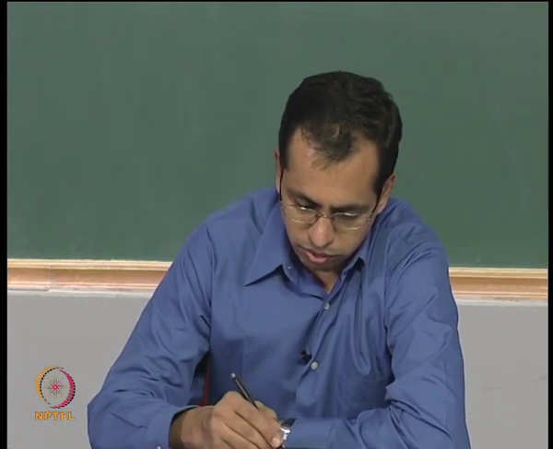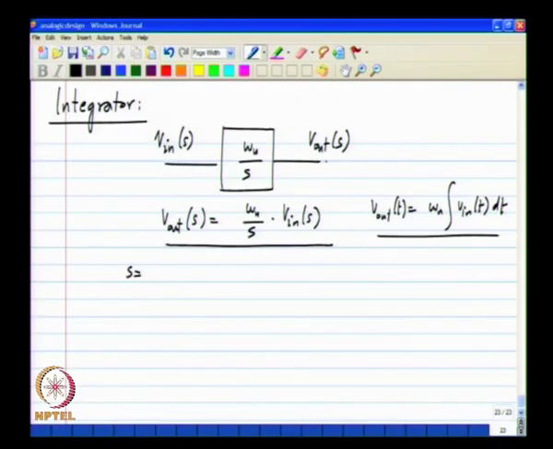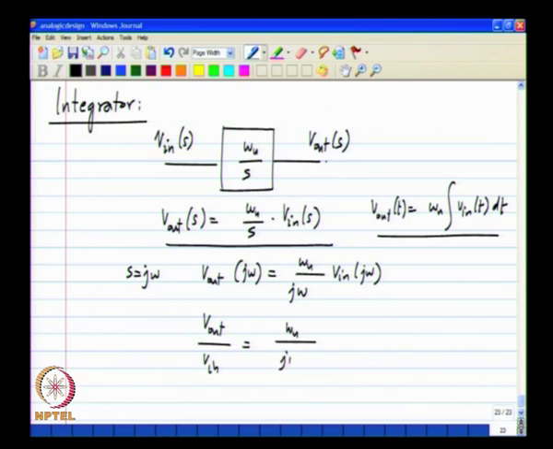For sinusoidal steady state, we simply substitute s equals j omega, and this gives us V out of j omega to be omega u divided by j omega times V in of j omega, or the transfer function V out by V in is given by omega u divided by j omega. So, we will just draw the Bode plot of this and see how it behaves.